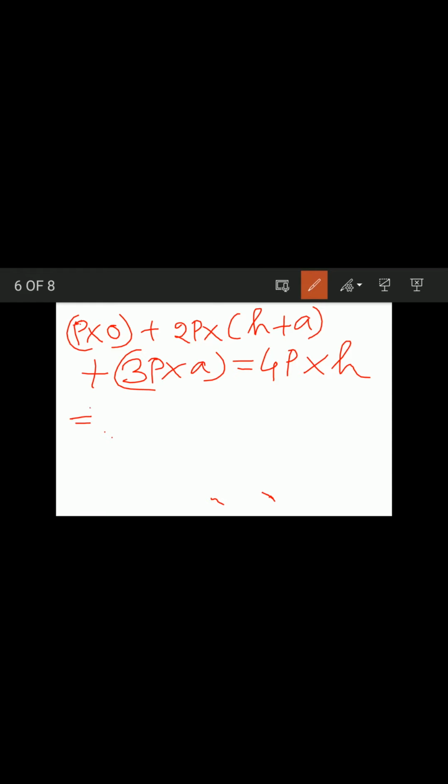After simplification, it will be 2h equal to 5a. So h equal to 2.5a. So this is the answer.